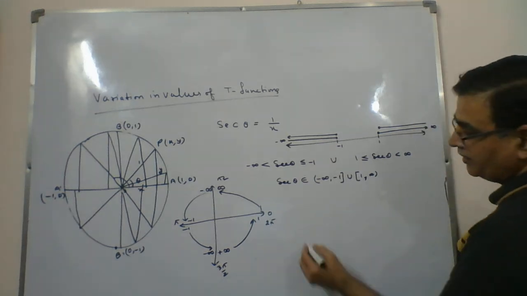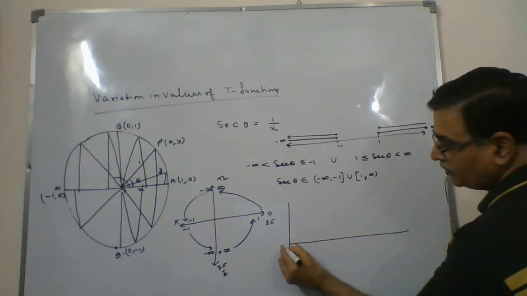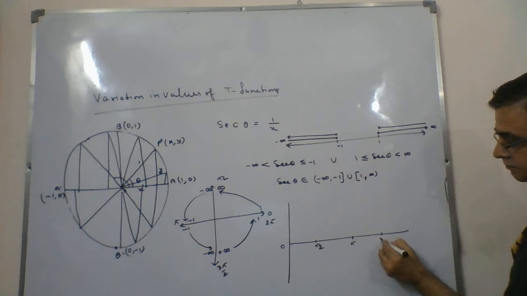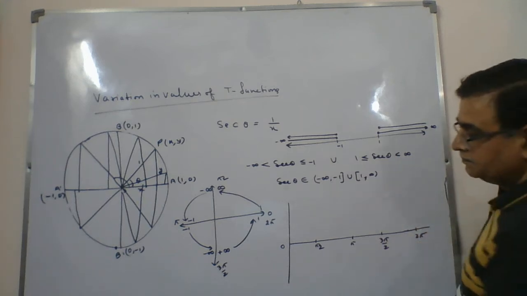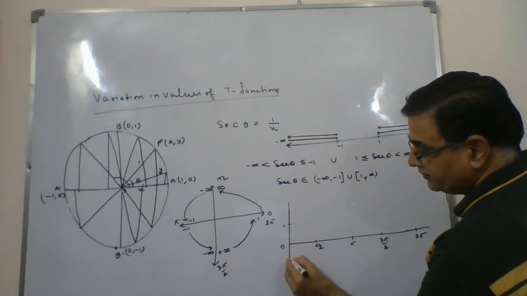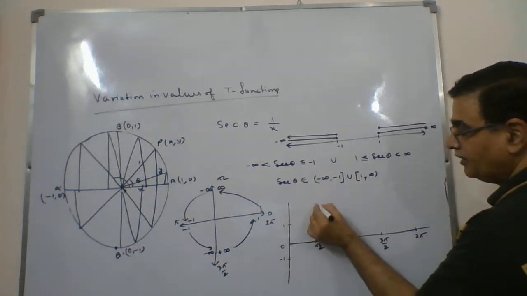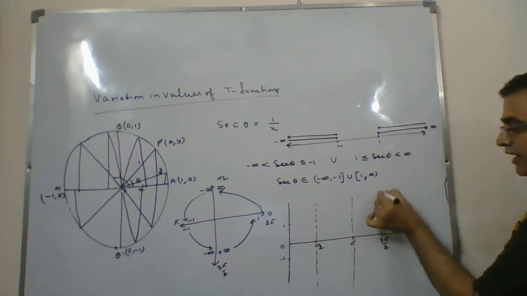And now we'll make the graph of it. The graph is the same as tan but with a slight change also here. This is value 1 here, this is value minus 1. The curve will start from 1 again, going towards infinity, so these type of lines should help you.